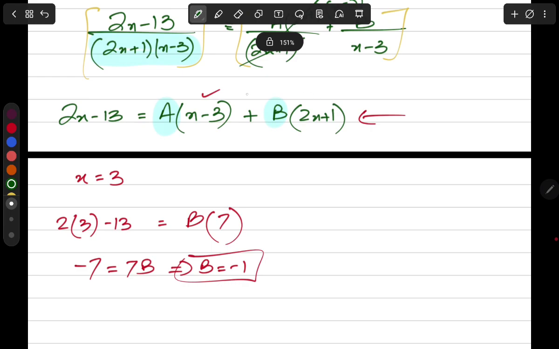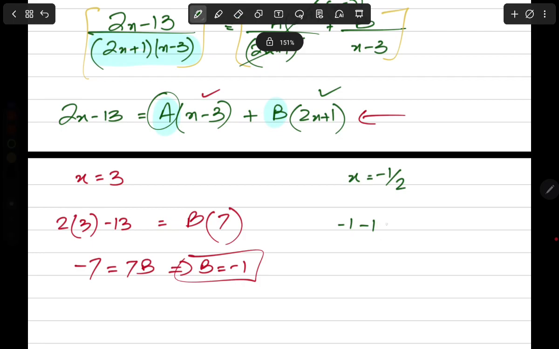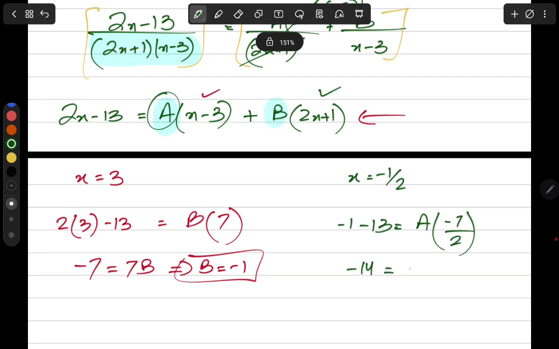Now, in order to eliminate this one and find the value of a, I can substitute x is equal to negative half. So now this becomes minus 1 minus 13, which is minus 14, is equal to a times minus 7 upon 2, which is minus 3.5. So minus 14 is equal to minus 7 over 2 a.